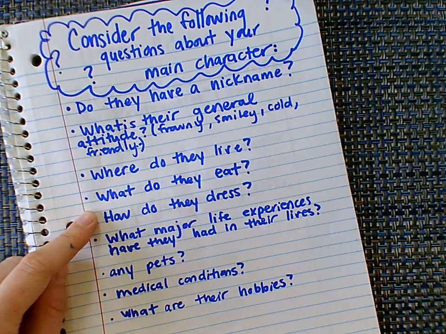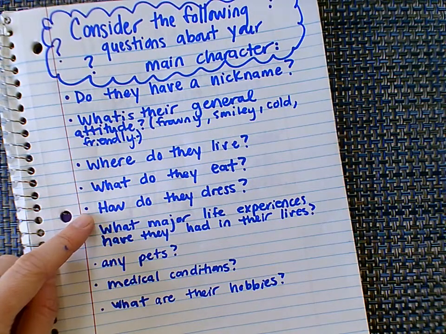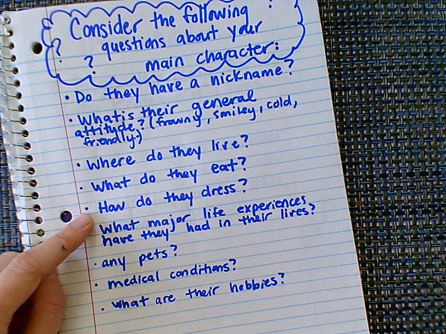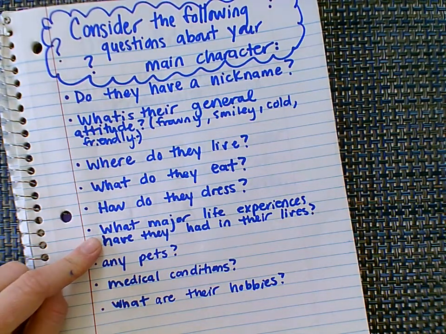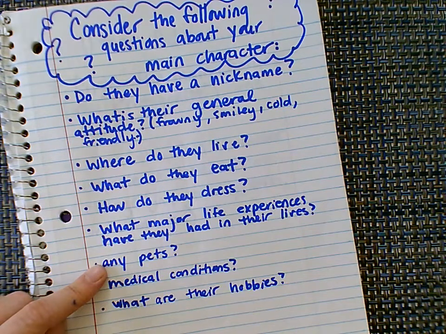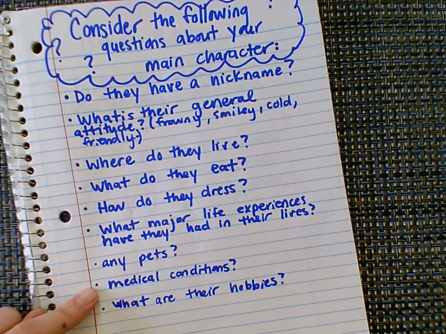What do they eat? How do they dress? And not just think about who they're going to be in your story, but think about what life experiences they have had before the events of the story take place. Do they have any pets or medical conditions? And what hobbies do they have?